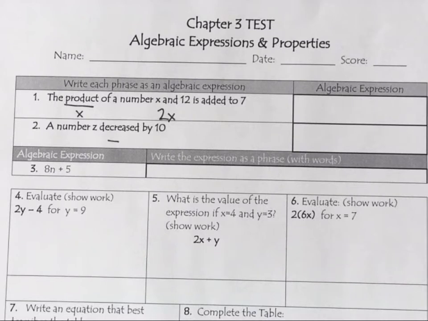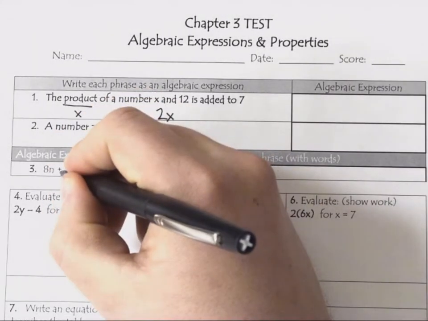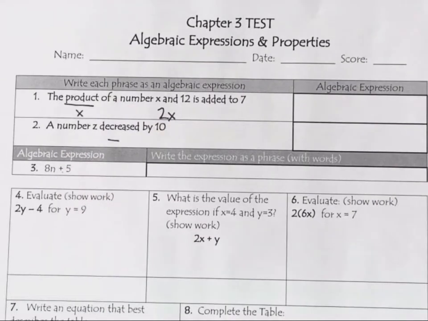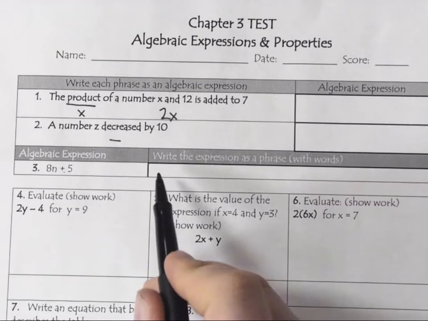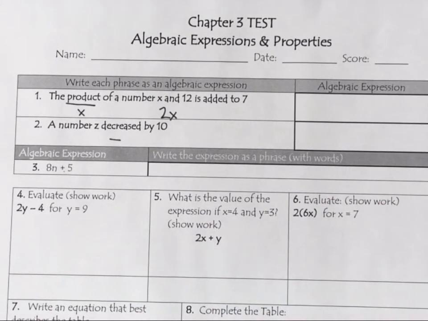And then how could we describe this addition sign in words? You could say is added to 5, or you could say is increased by 5. So the product of a number n and 8, or the product of 8 and a number n, is added to 5. You just need to write that in a sentence.